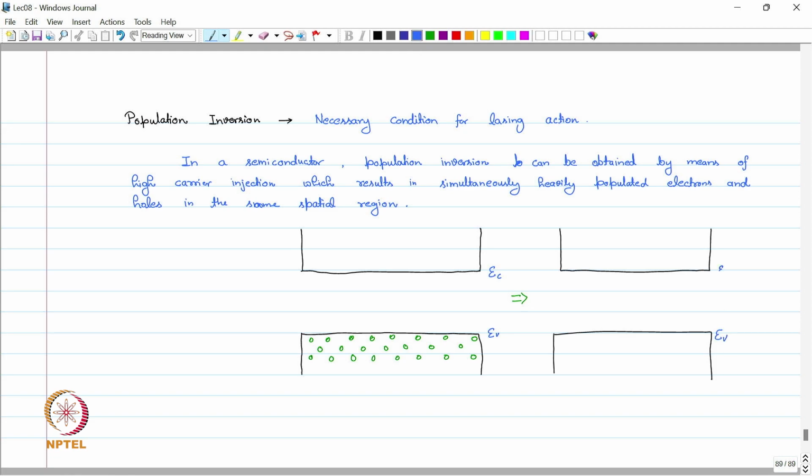This is valence band, conduction band, and this layer, all the electrons jump to the top, leaving behind a completely empty layer in the valence band.